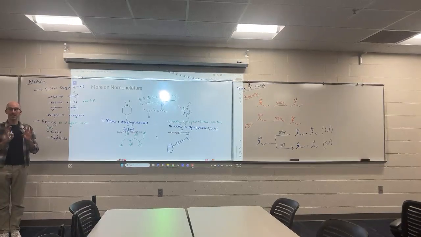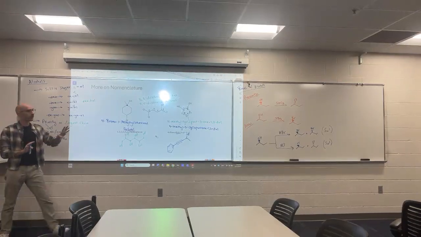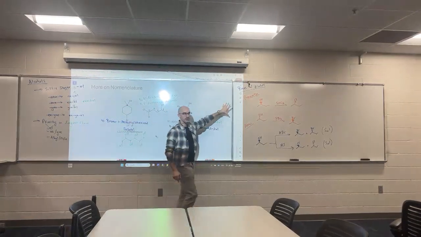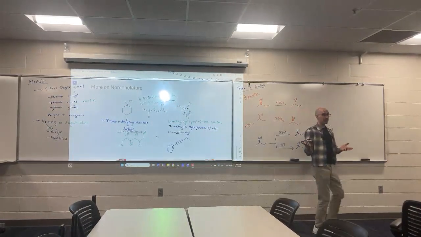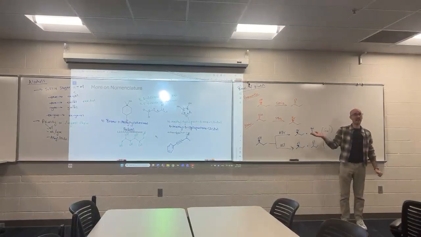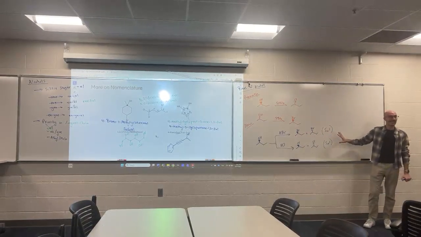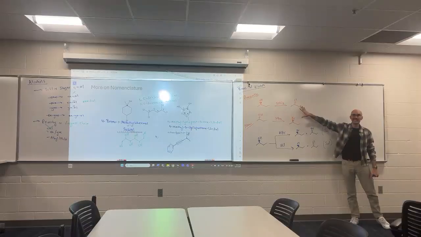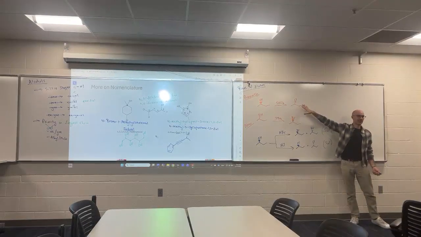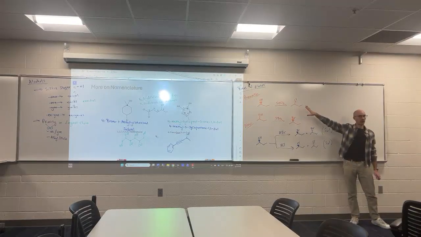If you need to control the stereochemistry, then these reactions are useful. If you don't care about the stereochemistry, if the chirality is irrelevant, these are really easy. These reagents are cheap. They're easy to get your hands on, and they're less toxic than these reagents. A lot easier to work up.